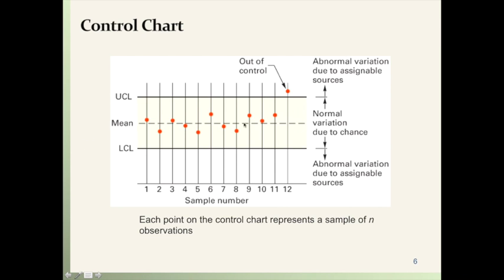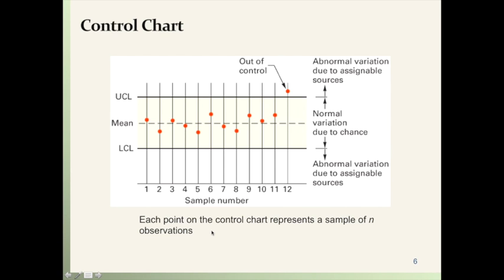This is the one right in the middle, the mean, the average. And this is normal variation due to chance. And then this piece here, that's out of control. So this is abnormal variation due to assignable sources. And so on both sides of this is assignable sources.